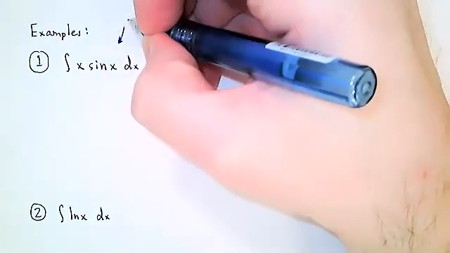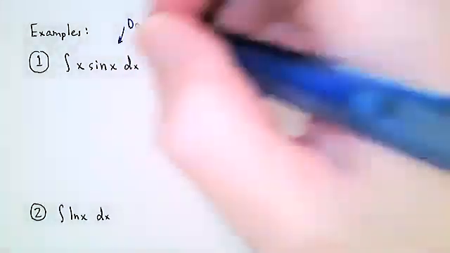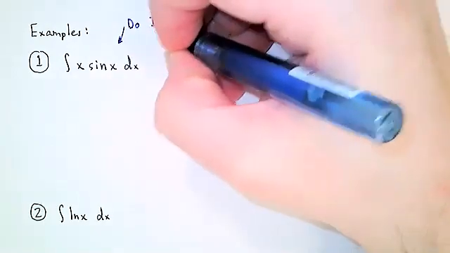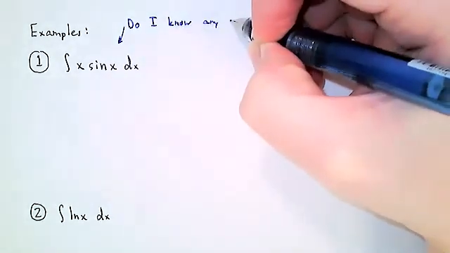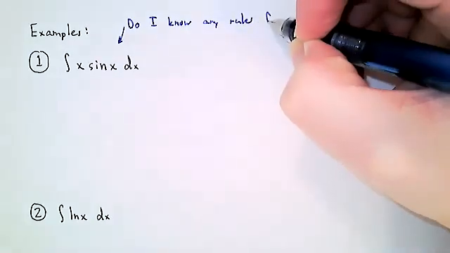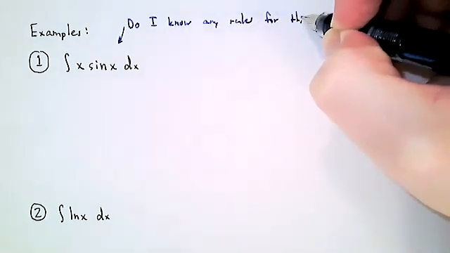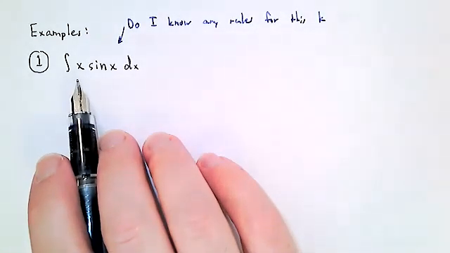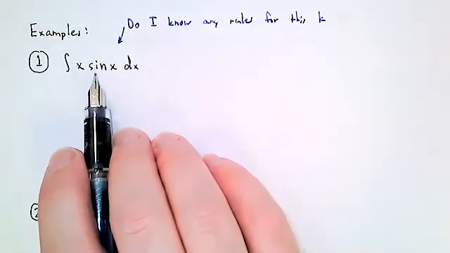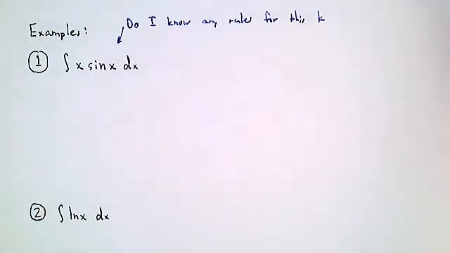So let me write that question. This is what you should think when you're doing your homework. Do I know any rules that would let me do this for this kind of integral? Do I have any rules for powers of x times trigonometric functions?